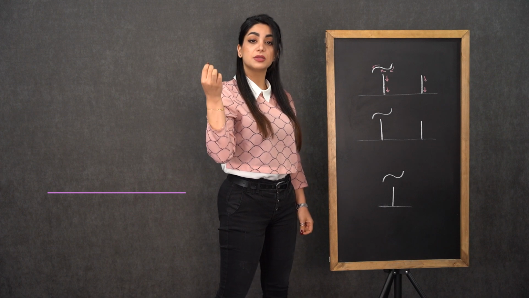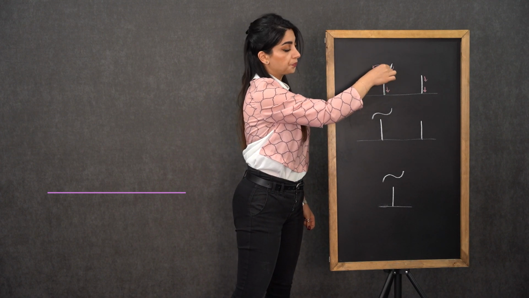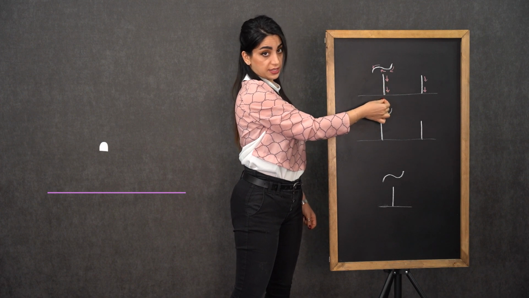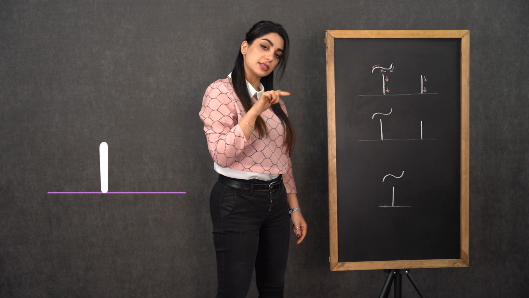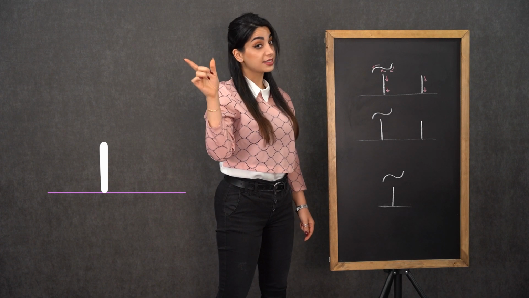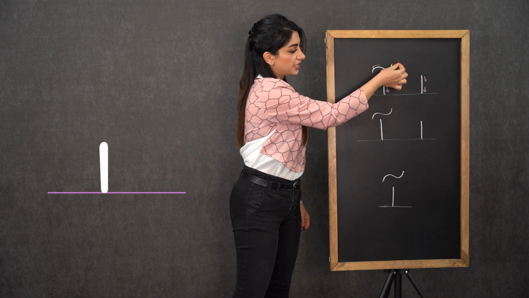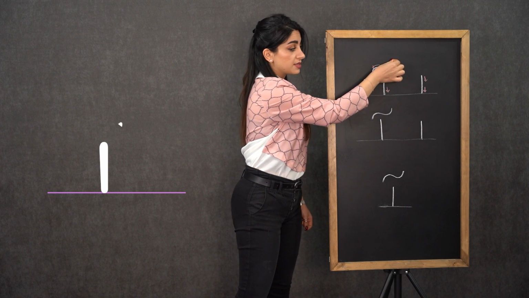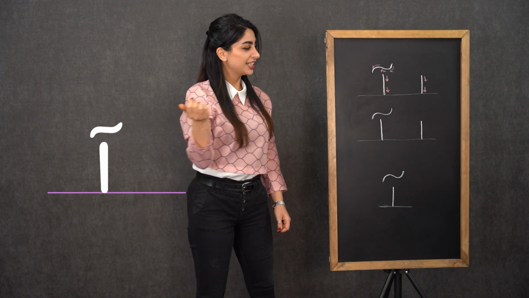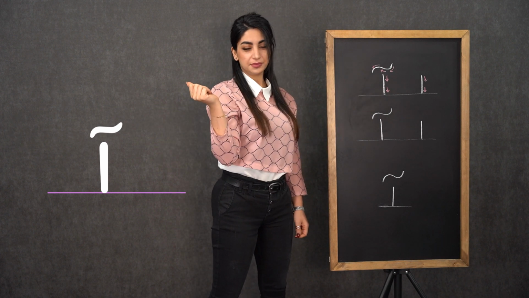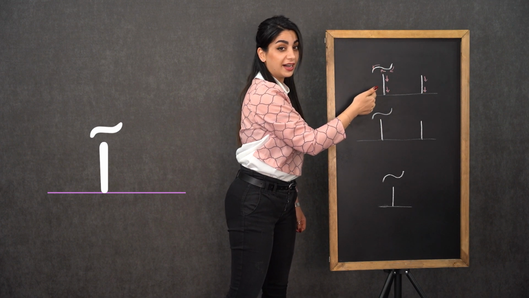I put the tip of my pen or pencil here, draw a line until I reach this line, and then I draw something like a C wave, like a hat above it. Lowercase a, capital A.